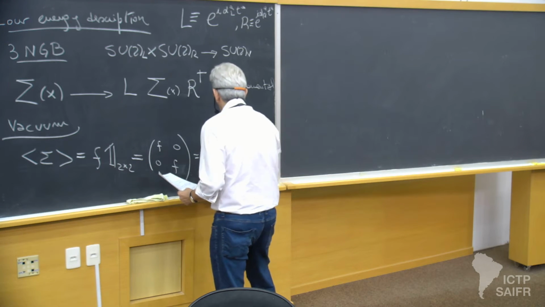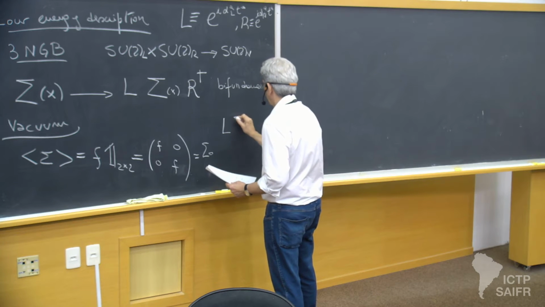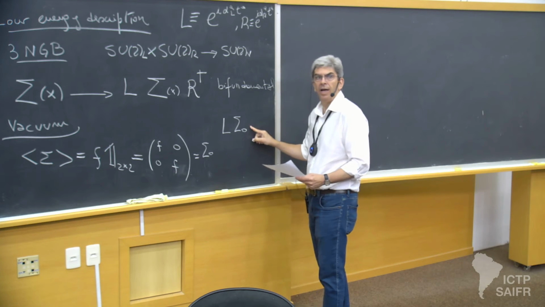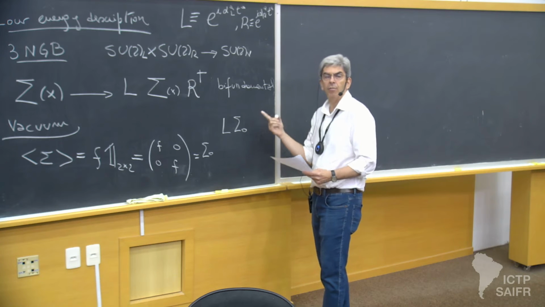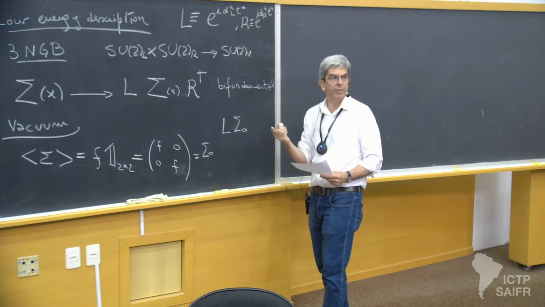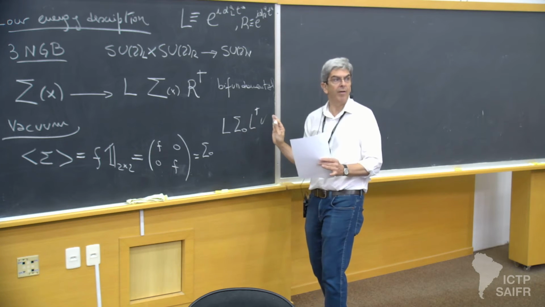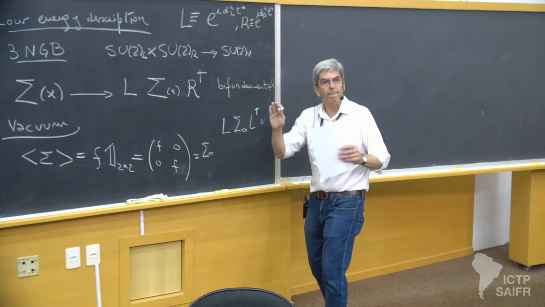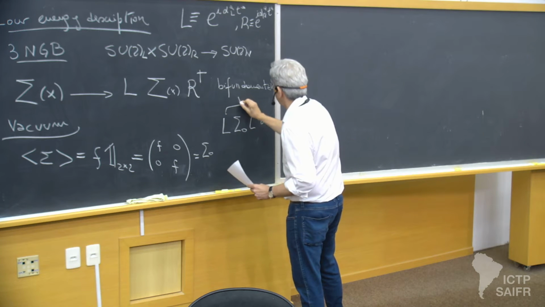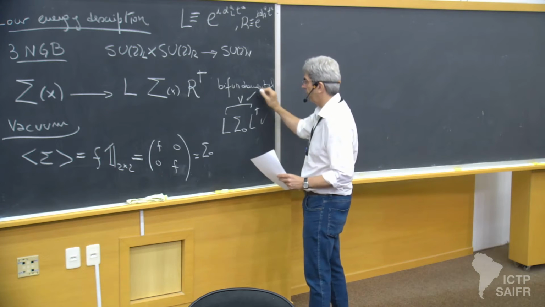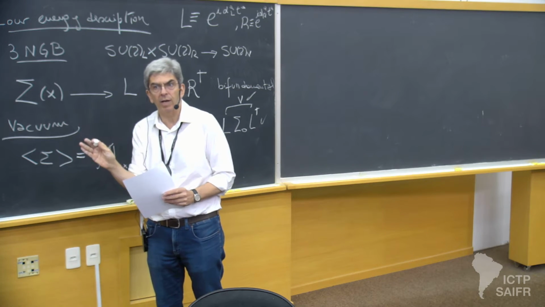If you had, for example, L sigma 0, and then L dagger on this side, because remember, L equals R is the vector symmetry, then obviously this is invariant. So the vacuum is invariant under this dual transformation left and right. This is the vector transformation, so this choice of vacuum does not bother the vector one.